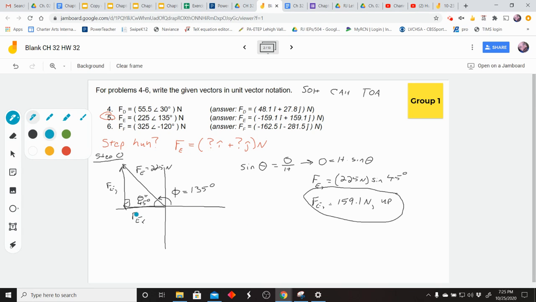Okay, so now we've got to get this other one. You could use Pythagoras at this point if you wanted to. We now know two of the sides. You could use Pythagoras to get the third. But I try to be consistent, so I'm going to say cosine of theta is equal to adjacent over hypotenuse. So that means the adjacent is equal to the hypotenuse times cosine of theta. In this context, our adjacent is this guy, F sub E sub x.